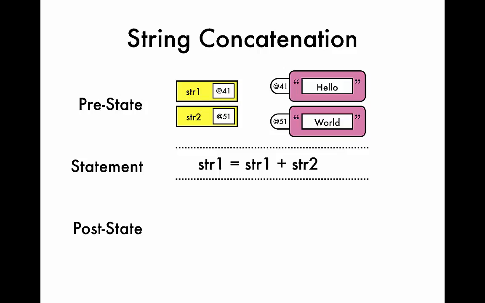In this case, str1 refers to a hello string, and str2 refers to a world string. So the question is, if these two variables and these two objects represent that pre-state or the before state, what does the post state or the after state look like?